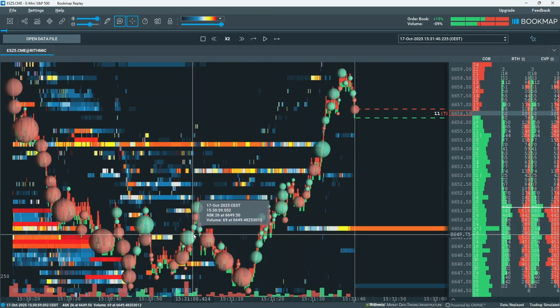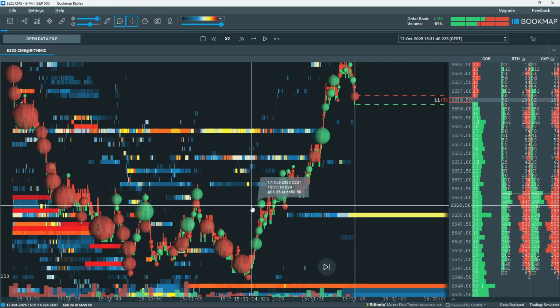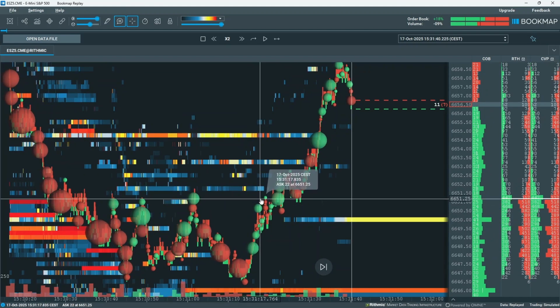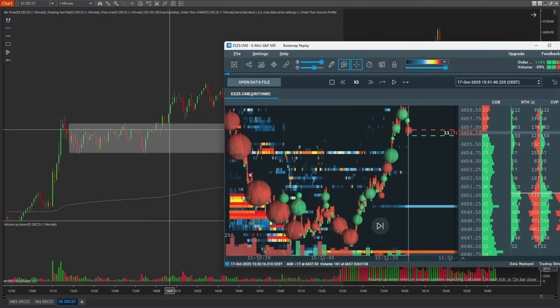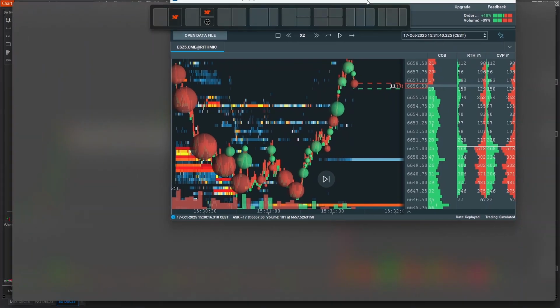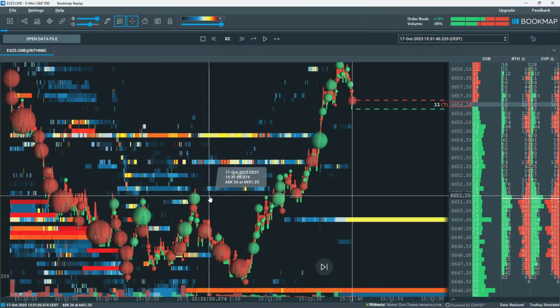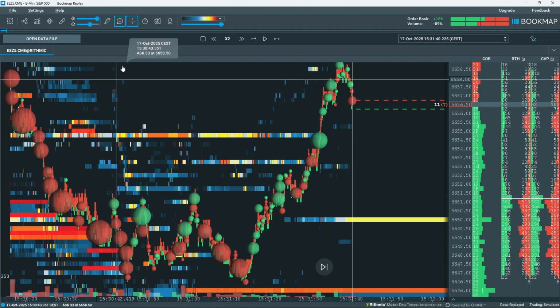As you can see, price is rallying up a little bit, and you can see the same exact concept as I just showed you on the candlestick chart: an area of consolidation and then price moving up. That's a level of strong passive buying, which then makes the market move up.